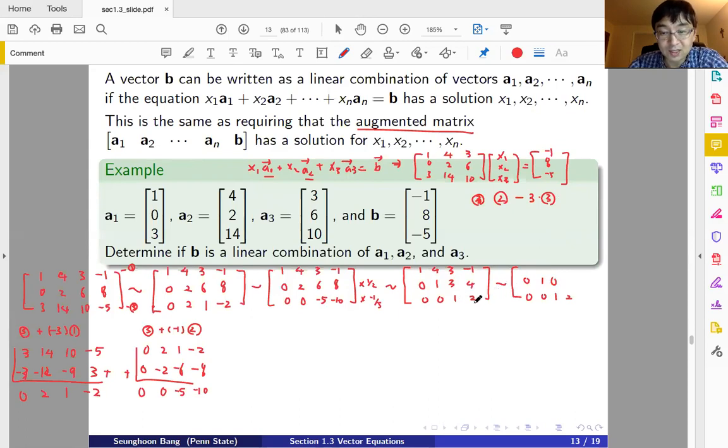The 4 minus 6 is negative 2. The first row, similarly, eliminate this 3: the first row plus negative 3 times the third row. The top one keeps 1, 4. 3 minus 3 is 0. The negative 3 times 2 is negative 6. The negative 6 minus 1 is negative 7.